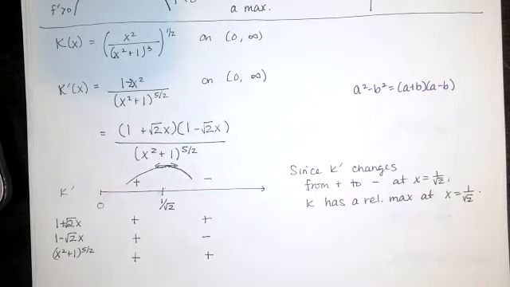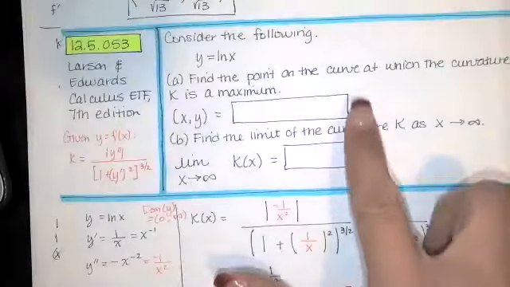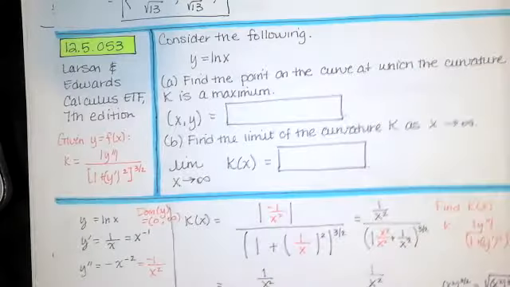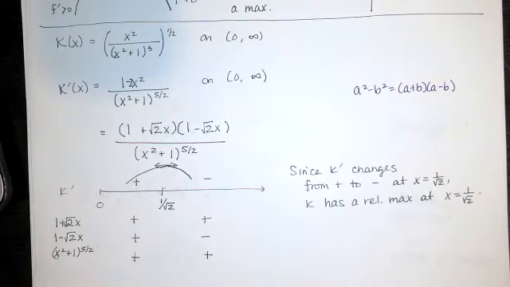Now let's go back to the problem statement, the question that we were asked at the very beginning. We want the point on the curve at which the curvature is a maximum. So we know that the curvature is a maximum at x equals 1 over square root of 2.